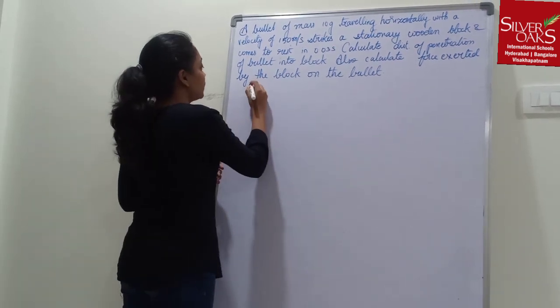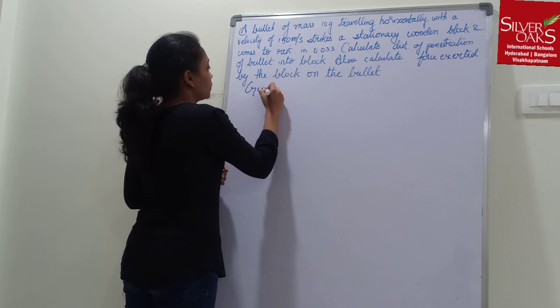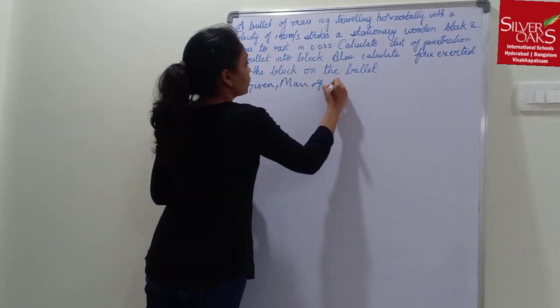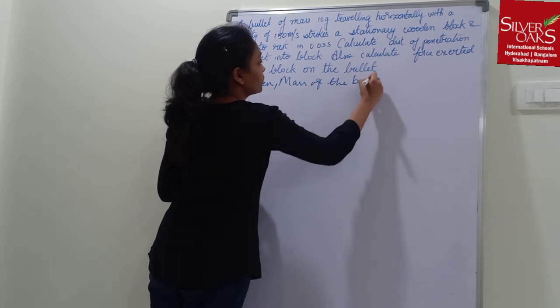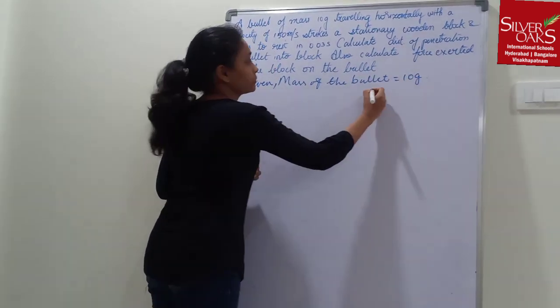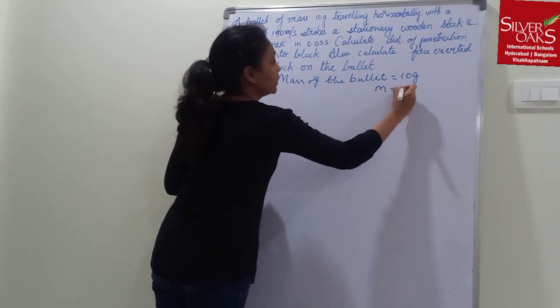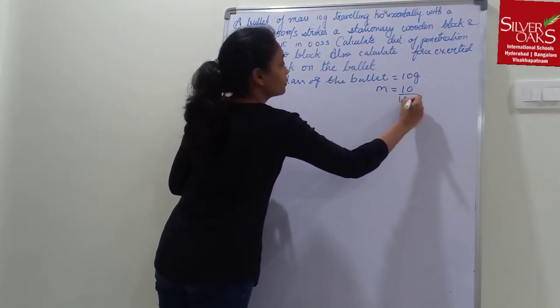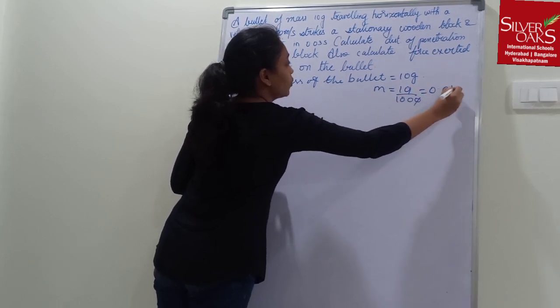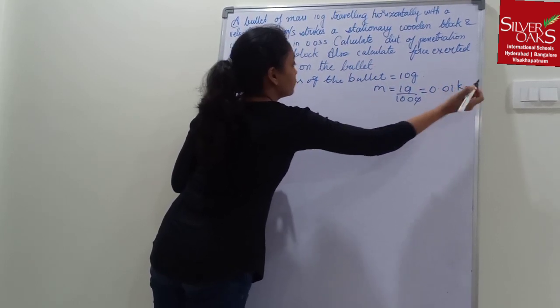So let's write the given information first. Given mass of the bullet is 10 grams, let's convert this into kg. This will be 0.01 kg.